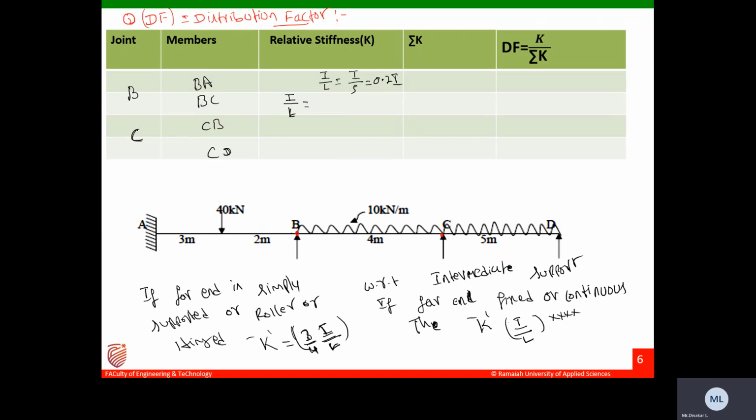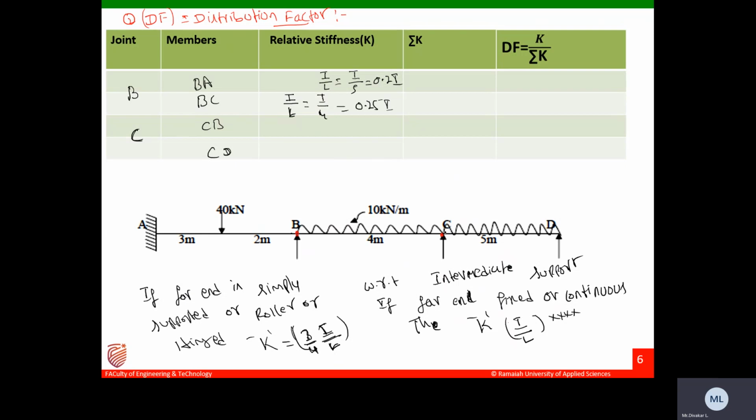Okay. Based on this, we calculated this. Now with respect to B, C is continuous. This is I by L. I by L means I by 4, so it is 0.25 I. Then come to joint C now.